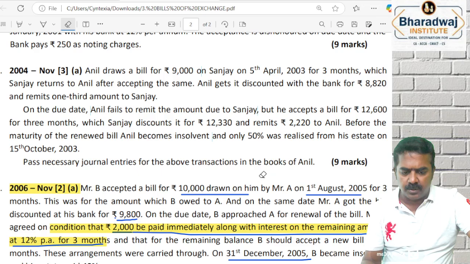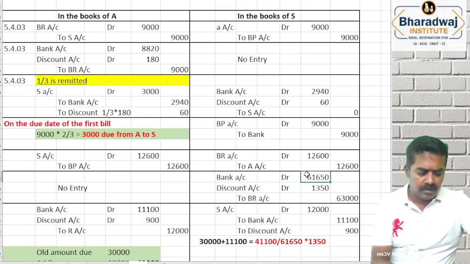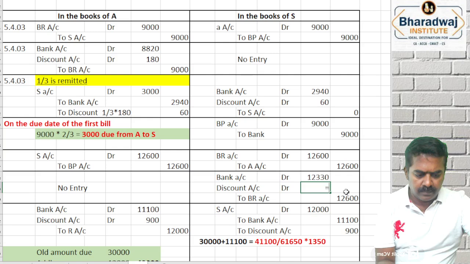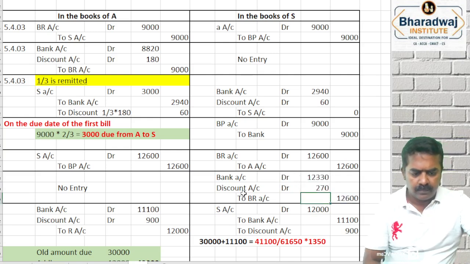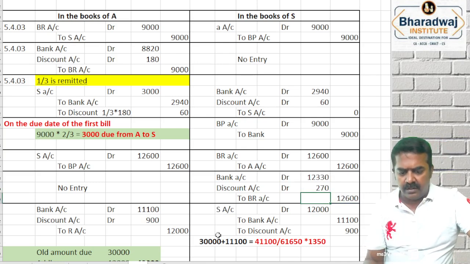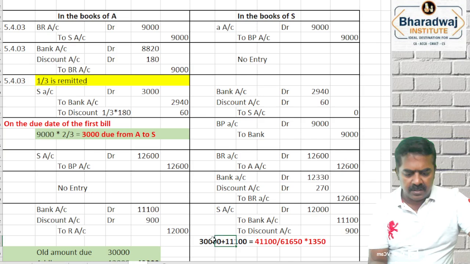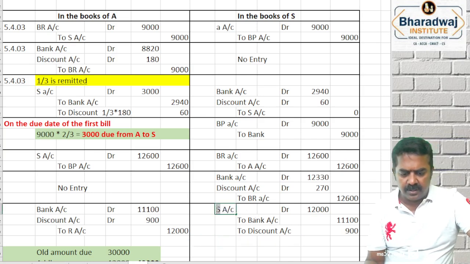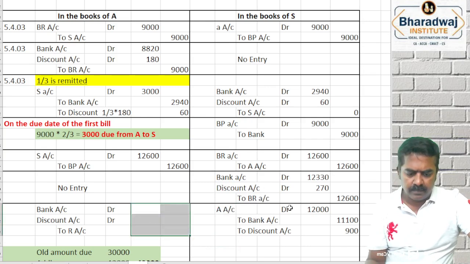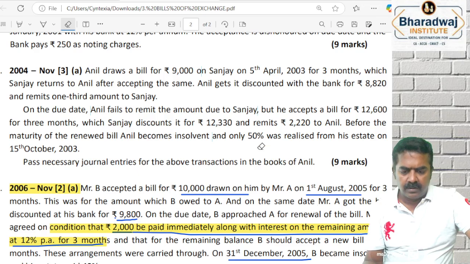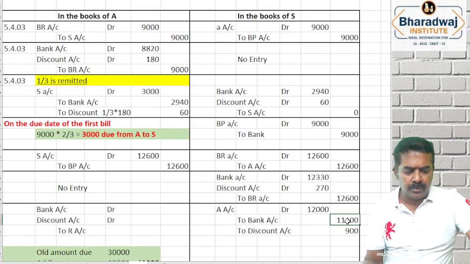Second bill was discounted for how much? 12,330. Then how much is remitted? How much is remitted to A? 2,220 remitted.